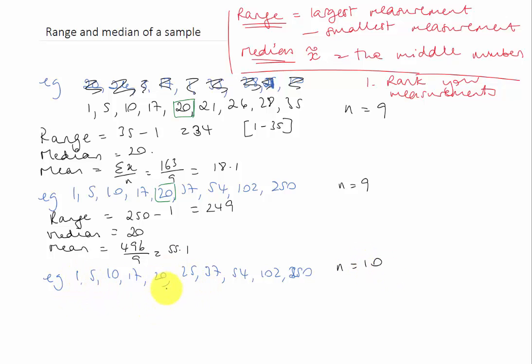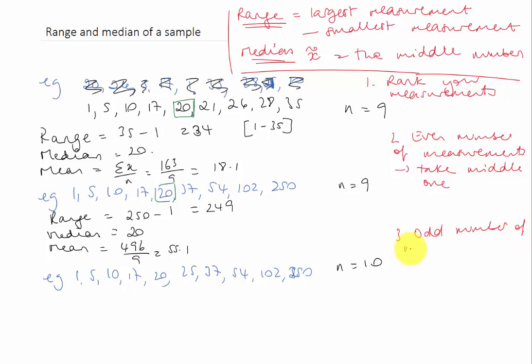So here we've got an even number of measurements. If you've got an odd number of measurements, take the middle one. If you've got an even number, average the two middle ones.